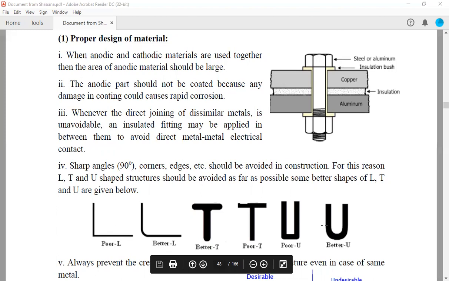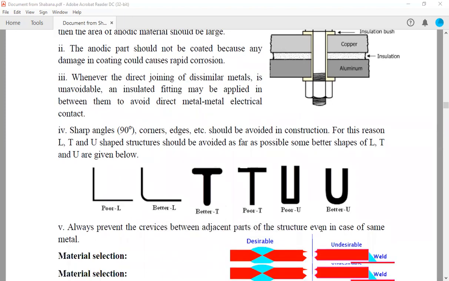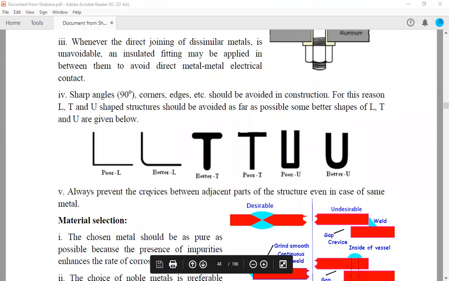A proper design should avoid crevices between adjacent parts of the structure, even in the case of the same metal.